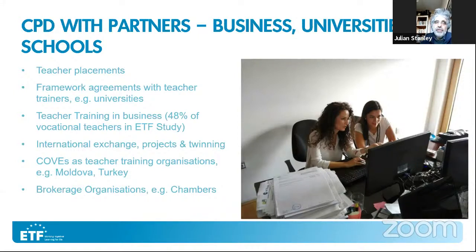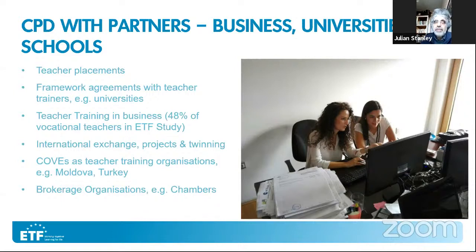So that might be training delivered by the business, or training which is delivered for the business and for the school teachers, but together in the business place. So 48% of the teachers in the ETF study had benefited from some training over the last 12 months.